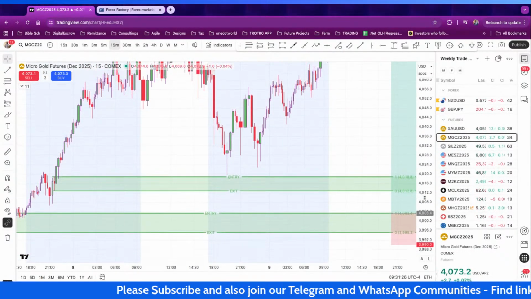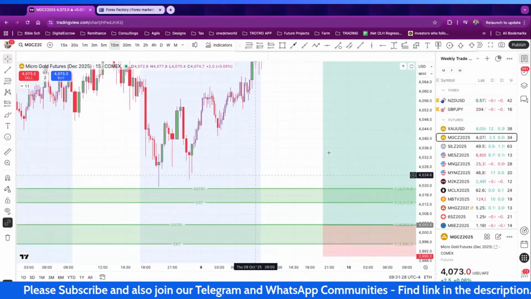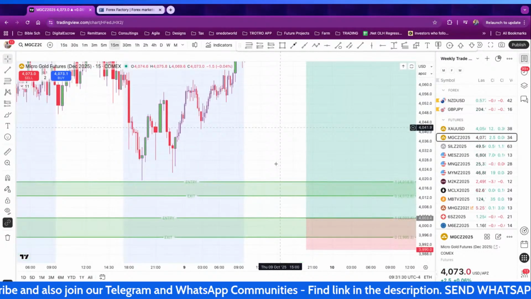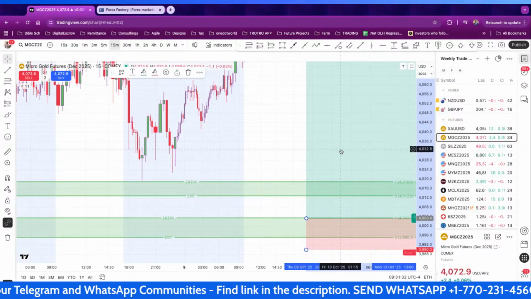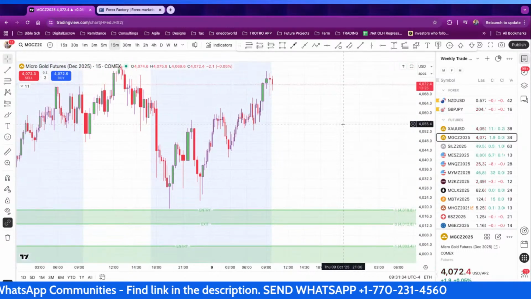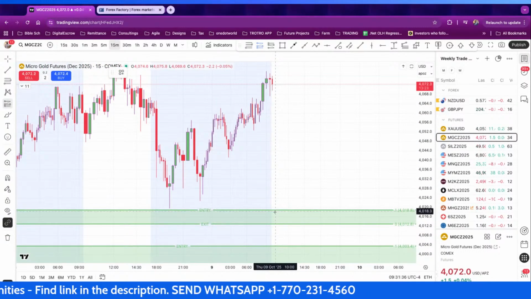I'm going to mark it right here. So the demand zone sitting right here, right? So I will rather take that first as my first, you know.